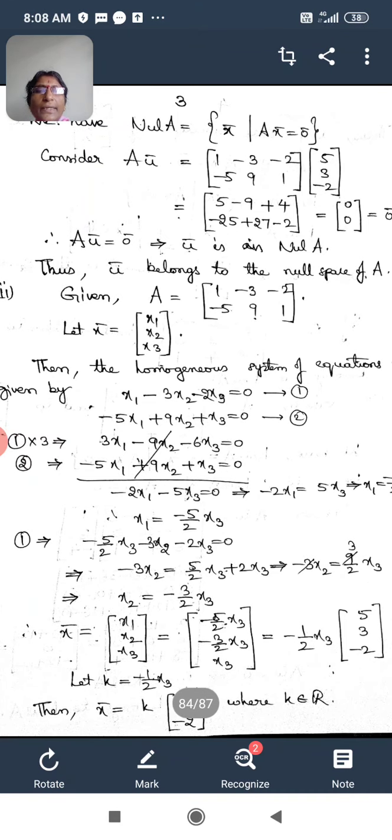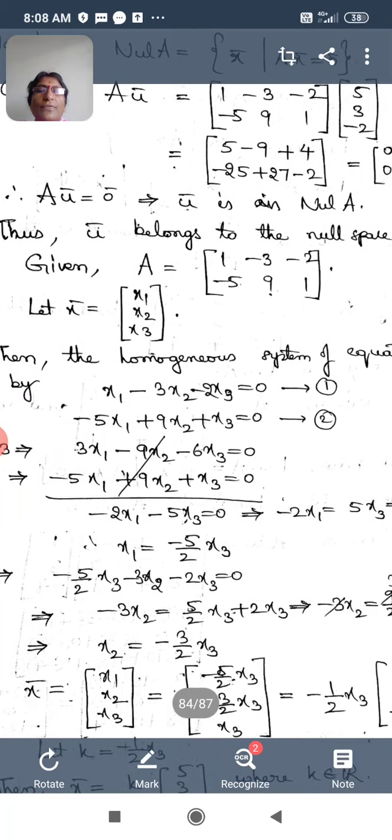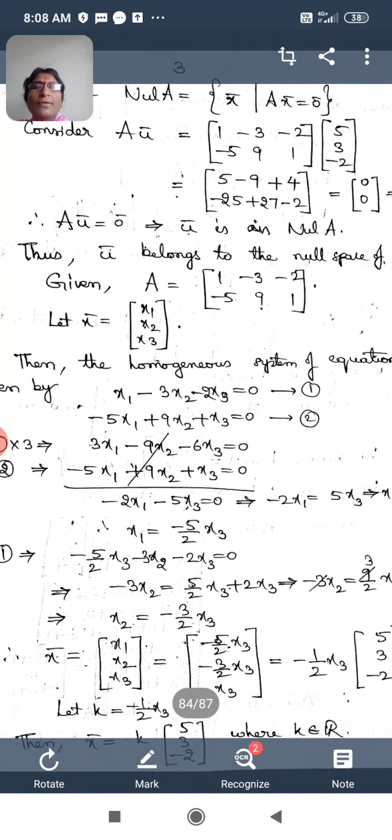Now at the end we get the value of x2 in terms of x3 as x2 is equal to minus 3 by 2 x3. So as there are only two equations, we can form only relations between the values of x1, x2, x3. So that is how we got x1 as minus 5 by 2 x3 and x2 as minus 3 by 2 x3.